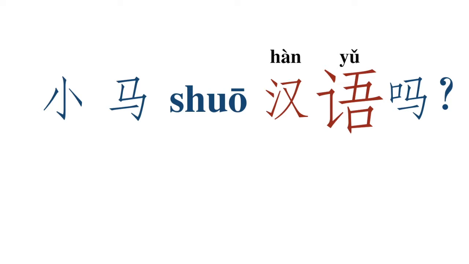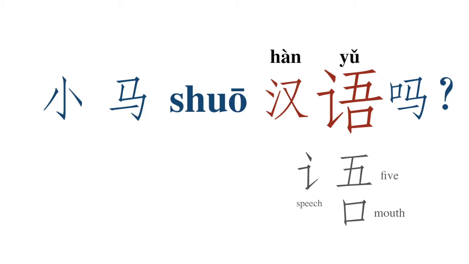On the left side, we have the meaning component for speech. It makes sense as the character means language. What about the sound component on the right side? It's a character that we don't use anymore, but its composition is very simple. A number 5 and a mouth down below.